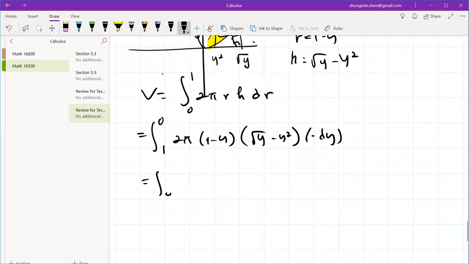So you can also express it in this form. That's the integral for the volume.